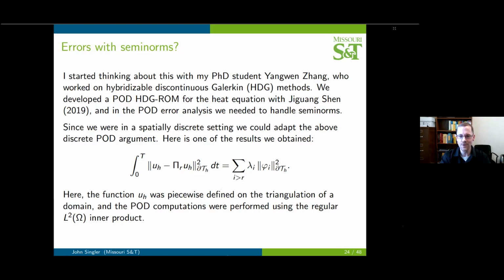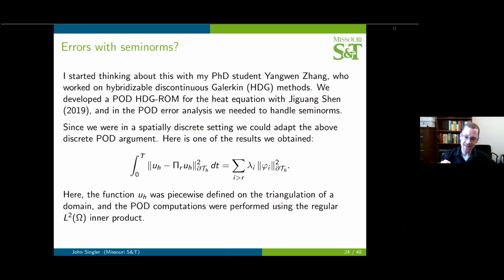The solution is discontinuous, right? You have a triangulation of the domain. If you look on each element, the solution U is polynomial there, and so it has a trace. But the solution U may be discontinuous across elements, so there's a trace on each element. And that is another unknown.